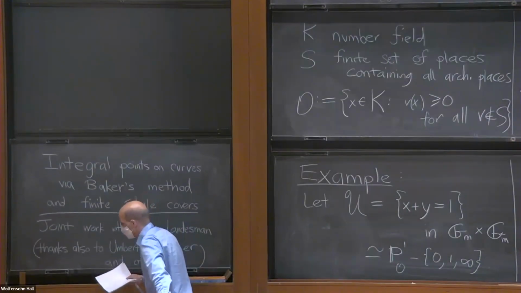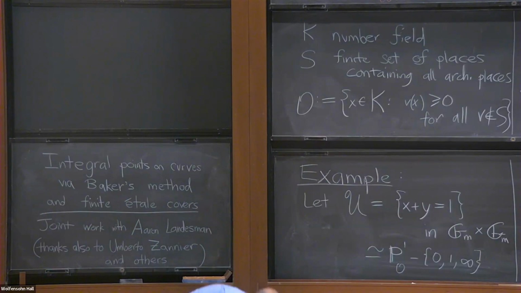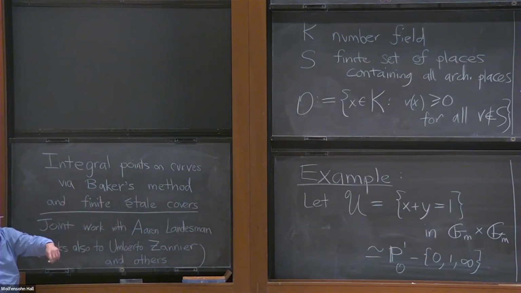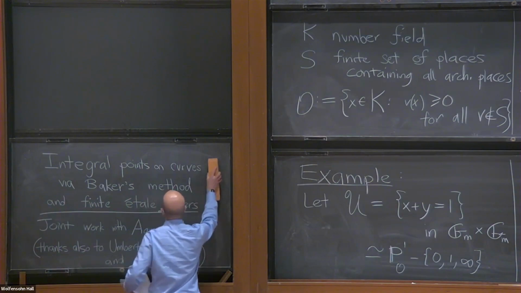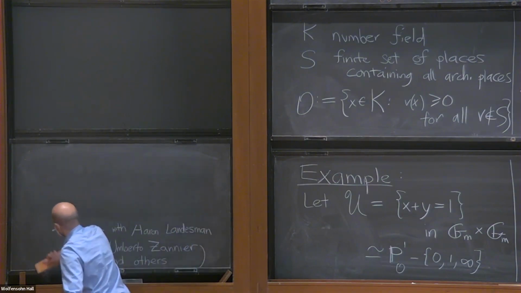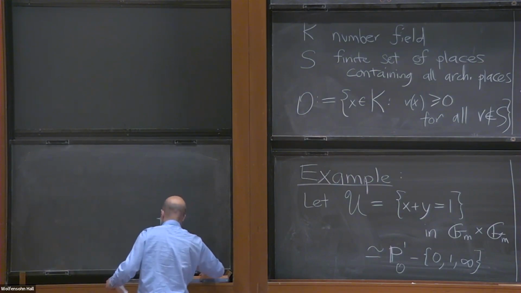This is also called the theorem on linear forms in logarithms. It's about linear forms where you take an algebraic number times the log of an algebraic number plus an algebraic number times another log of an algebraic number, and it gives you bounds on how small that can be in terms of the size of the coefficients and so on.